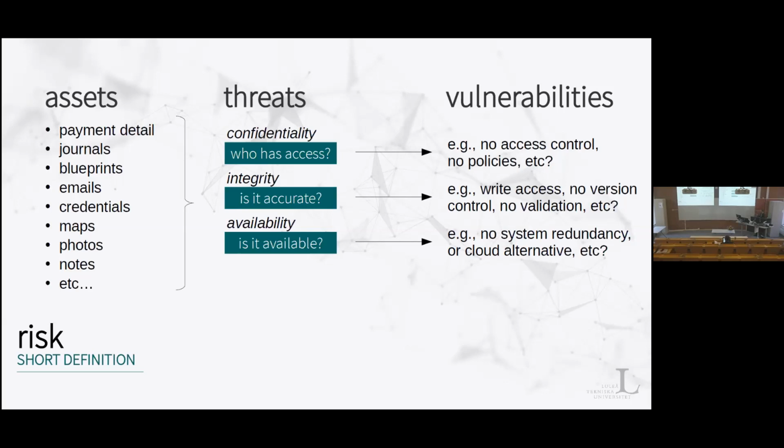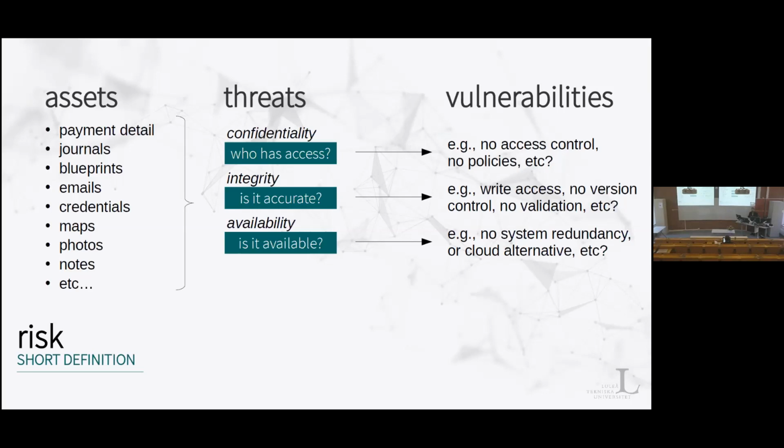So take payment details, for example, the first example asset here. That could be one type of asset that is worth protecting and something that we need to support our day-to-day operation in an organization. But nobody except the ones who should be able to view it should have access to it. So how do we know that? Who has access to it?